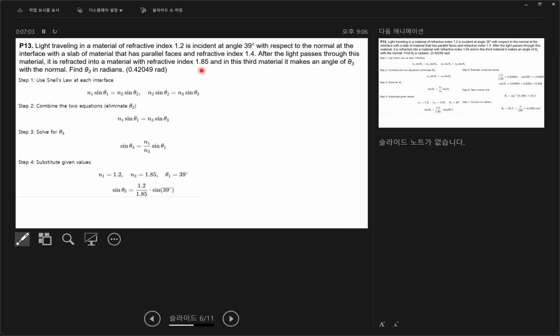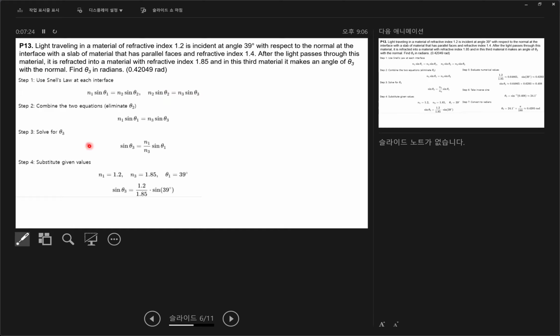Okay, so use Snell's law at each interface. So we have this law. Note that theta 2 becomes the incident angle at the second interface. Okay, theta 2 is carried over, and then this is going to give us theta 3.